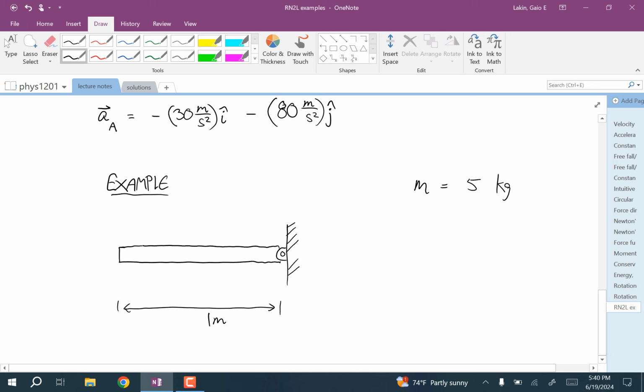And at this instant, let's say that this beam is moving, sort of falling down, which would mean that the angular velocity, it's counterclockwise, so this is going to be positive. So let's make this 4 radians per second. And we want to calculate the acceleration of this point A at the end.